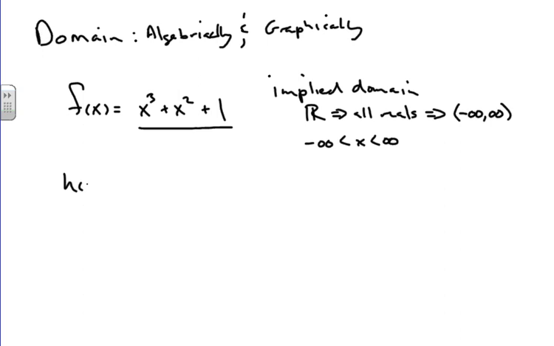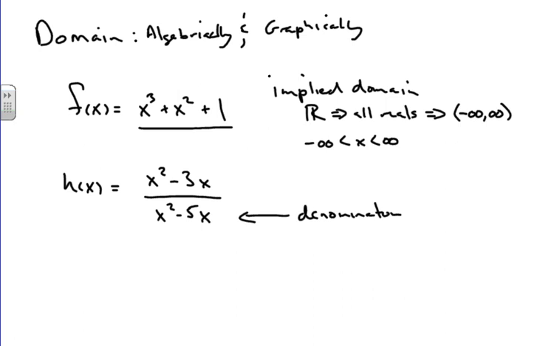So for example, if we had h of x, a different function, x squared minus 3x over x squared minus 5x, this is what we call a rational function. If we start with the implied domain of all reals, we realize that it has a denominator. For certain values, we cannot divide by 0.